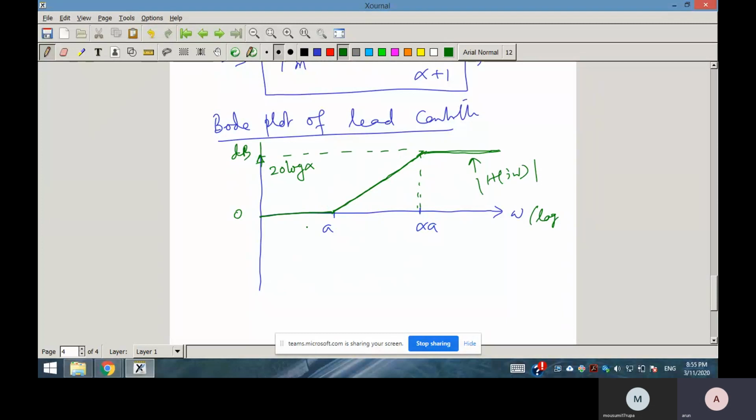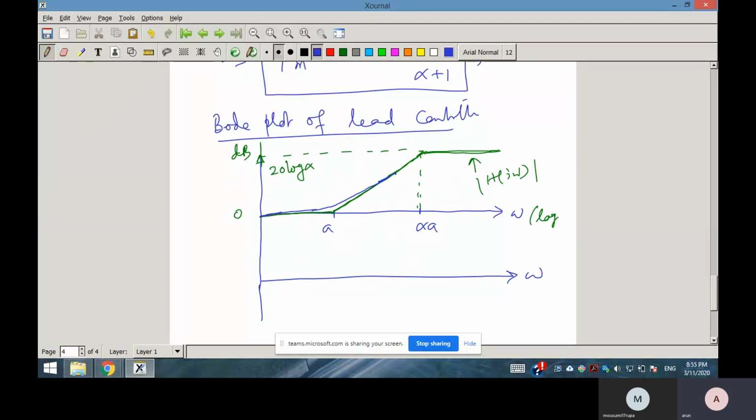So now the phase plot. This is the asymptotic plot I have drawn. You can also draw the actual plot. This is your plot, and a 3 dB difference will be there.